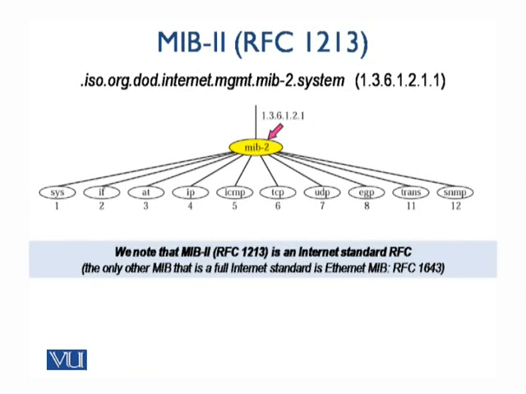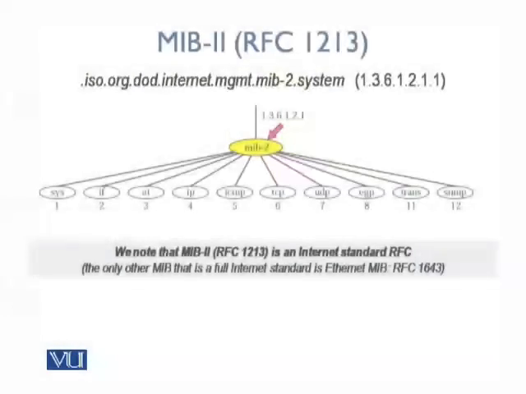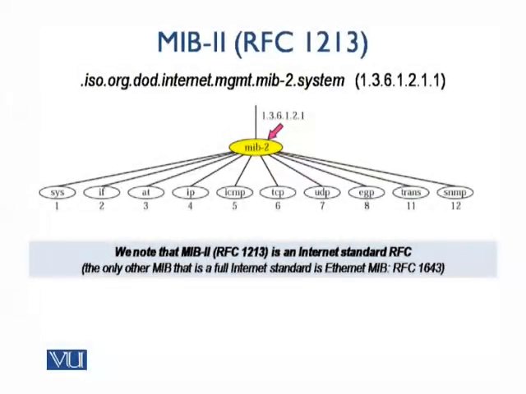You also have other nodes at the same hierarchy as system. You have, for example, interface-based objects. You have address table-based objects, which by the way has been deprecated now, where deprecated means that we are still supporting it, but we expect that this will be phased out in the future. You also have IP-based objects. You have ICMP-based objects.